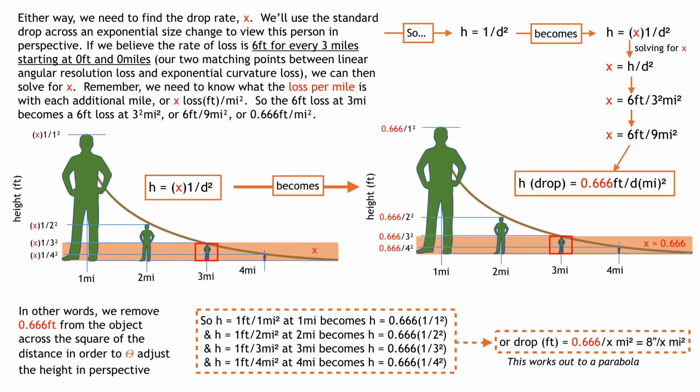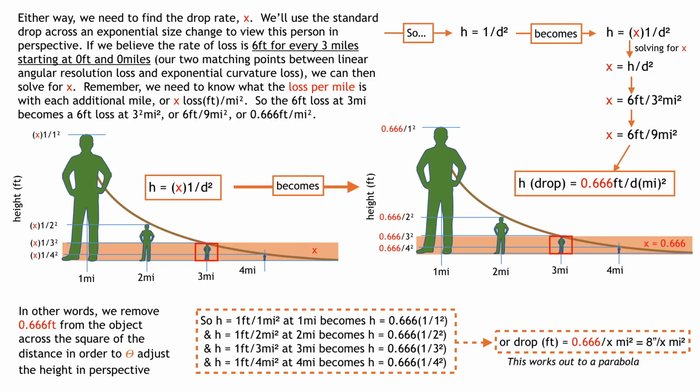So again, you can change our formula, essentially, or the way of looking at this diagram, to just substitute x for what we solved for as 0.666 feet per mile squared, and this person has that part of him essentially removed with that particular distance. So you can see at 1 mile he has chopped off about 8 inches of his legs.